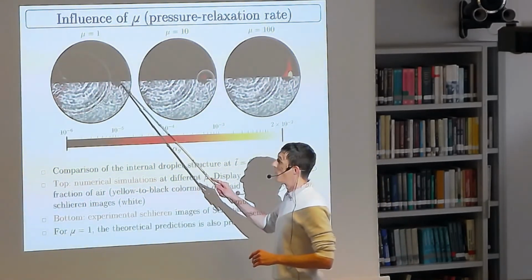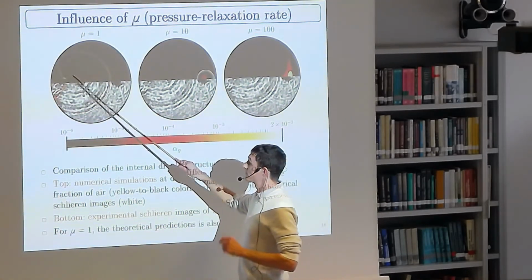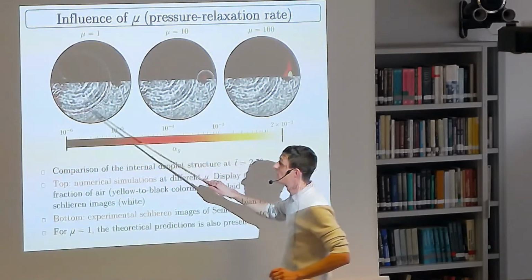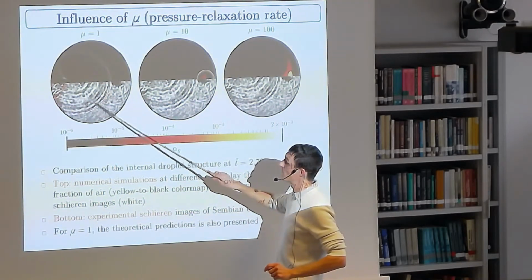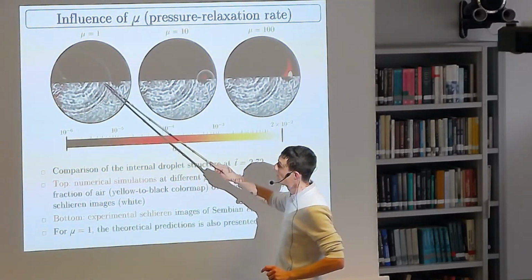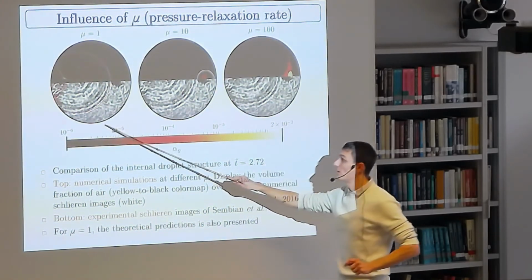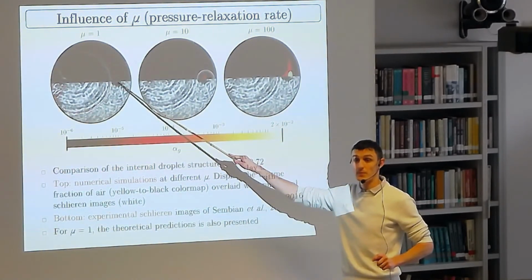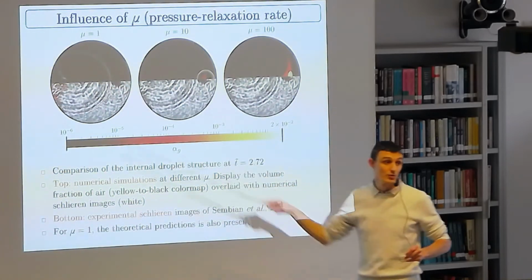So we have a cloud of bubbles here. And we have the same waves here, right? We see the same structure of waves in the experiment, but we see the cloud that we don't see here. And there are also extra waves here that are the shock waves emitted by the collapse of the cloud. So this cloud is already in the rebound phase.